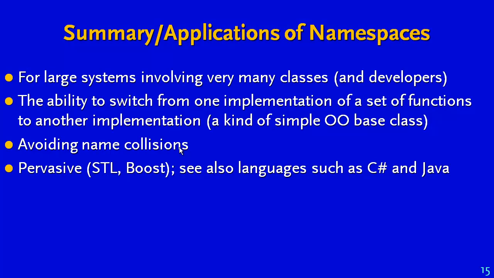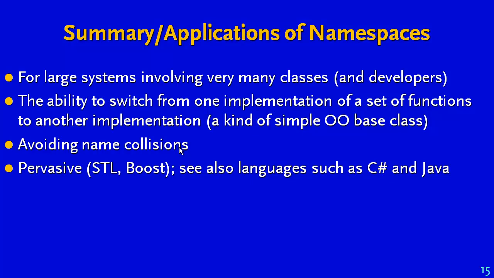Okay, so that was a relatively short section on namespaces. So what did we do? We showed you, first of all, what namespaces are and why you need them. Basically, to manage logically related sets of software components without having name clashes in the function names, for example.